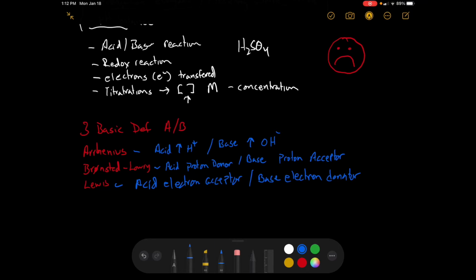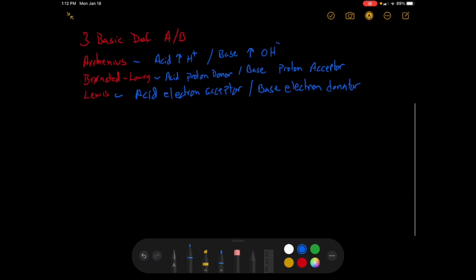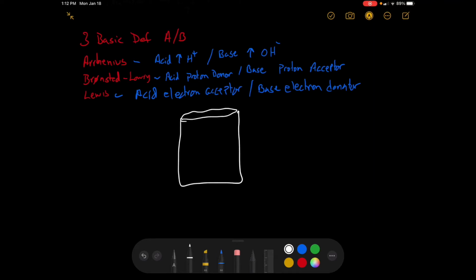So let me just say this right now. For Arrhenius and Bronsted-Lowry, they are concerned with solutions mainly of water, H2O. But specifically Arrhenius is H2O prone.